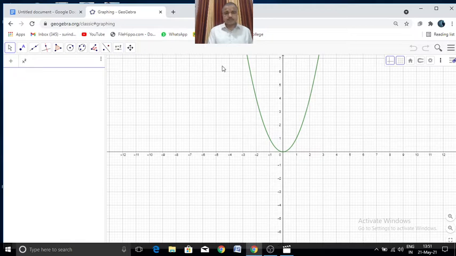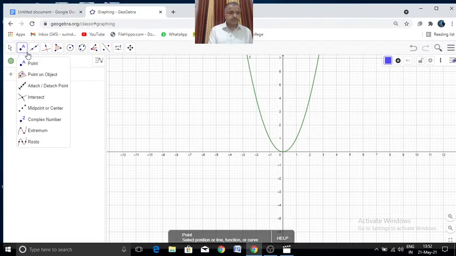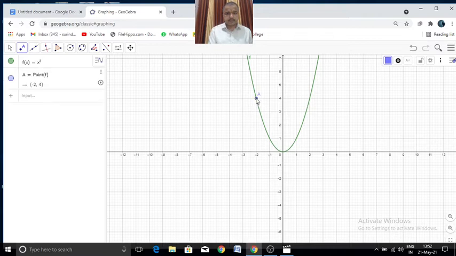So this is the curve y equal to x square, a parabola. Now we take an arbitrary point A on the boundary of this curve. We will take the interval (a, b) as minus infinity to infinity. That is the whole domain of the function.